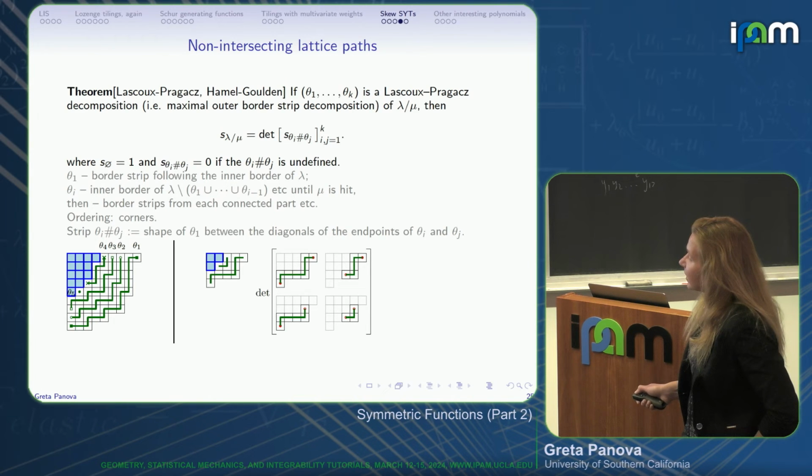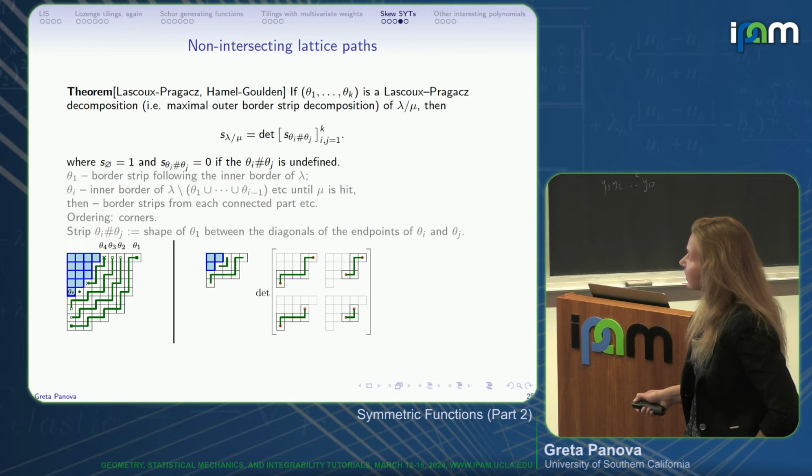Then this other entry is going to be theta 1 sharp theta 2, which means that we get the beginning of this little thing here, but we need to move it along the diagonal to this point, and then we get the end of theta 2. So there is a translation of the endpoints going on here. So we get this thing.